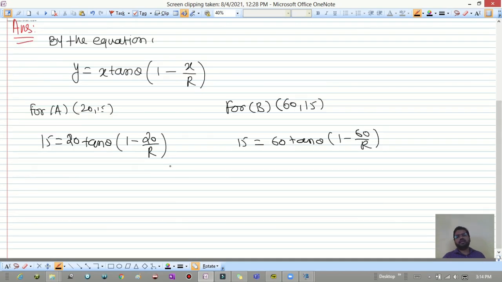Now as you can see from equation 1 and equation 2, left hand side is equal, right hand side must be equal.